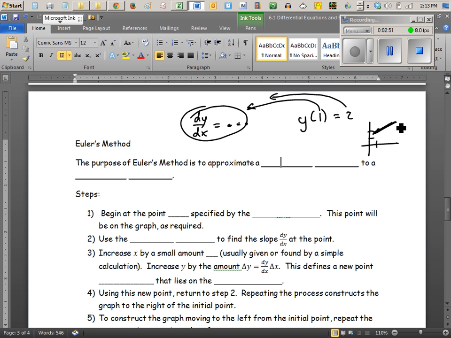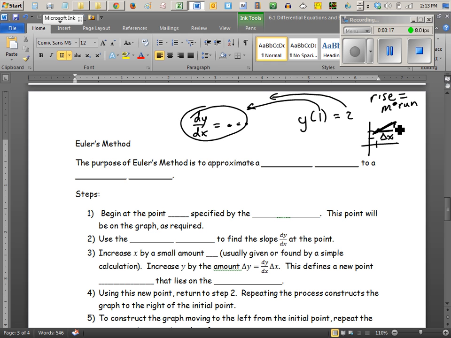Then he says, well, one thing's for sure. On a straight line, the slope times the run will give you the rise. So rise is equal to slope times run. That is actually true for a straight line. So he says we can actually use, let's say, a run of delta x, and we can predict the rise in the function.